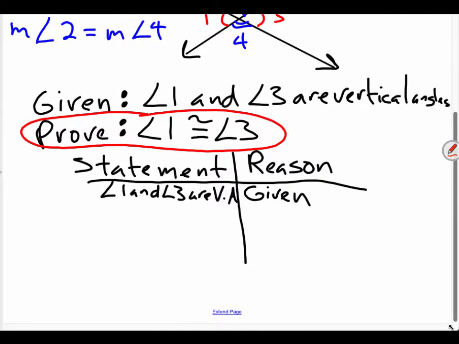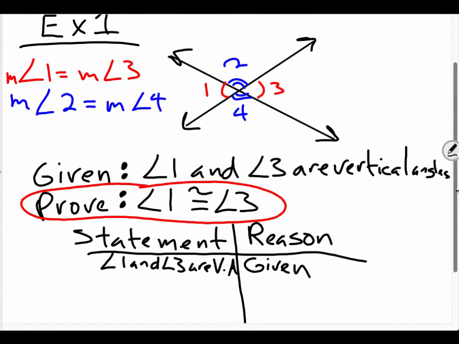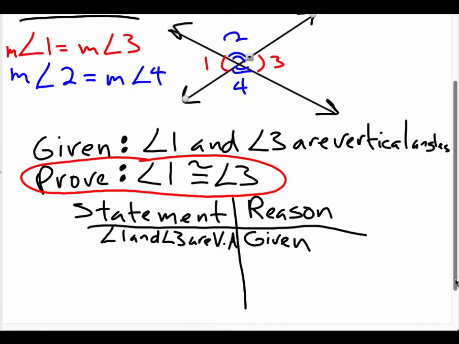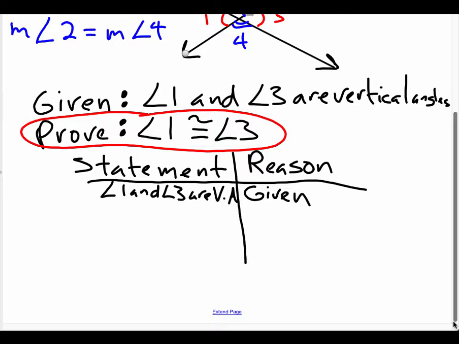All right? So now, let's think about this. What do you know about angle 1 and angle 2? Supplementary. They're supplementary, right? They're on a line, so they're supplementary. So I'm going to say angle 1 and angle 2 are supplementary.